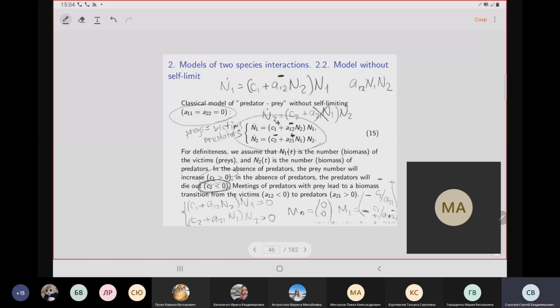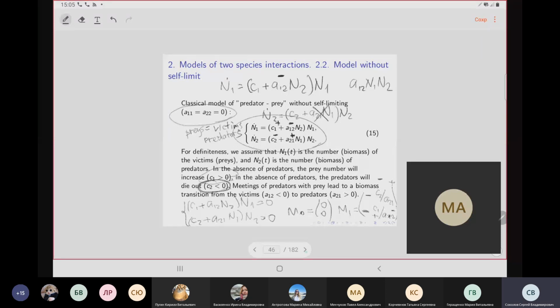Sometimes we can expect something more complicated in mathematics, but usually if there is only one steady state, it means that they can die.